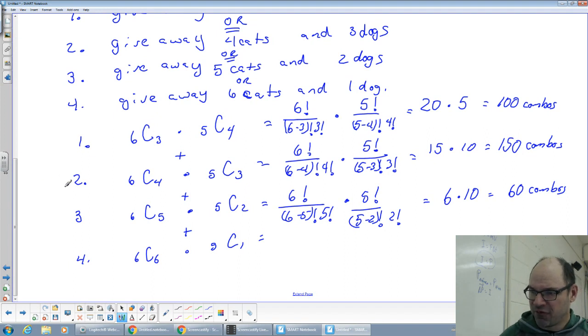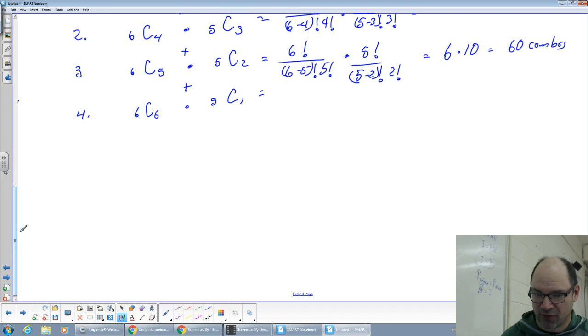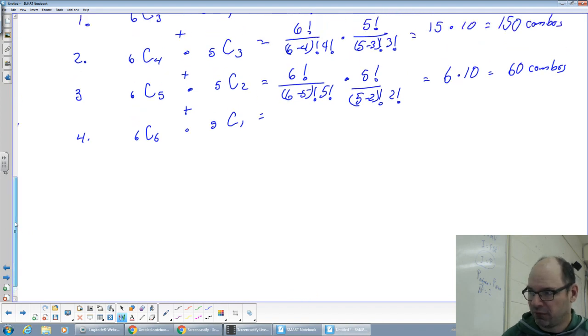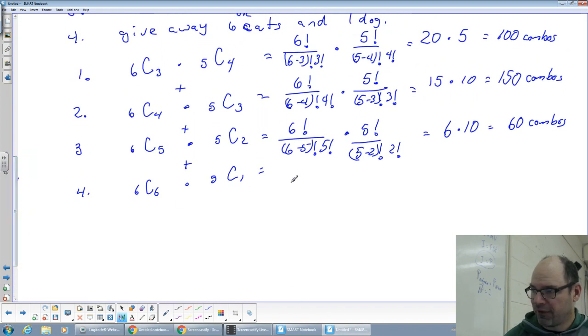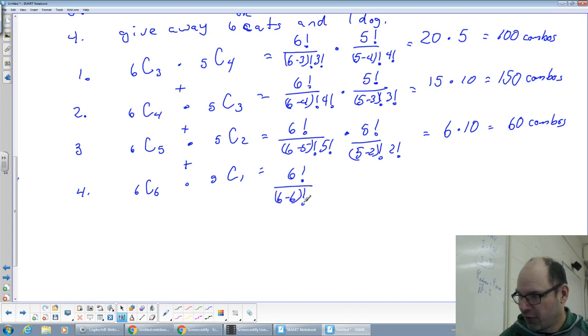Okay. The last one, let's move that up a little bit so we can see a little better. The last one is 6C6, so that should be 1. If you think about it, it's 6 minus 6 over 6, so that's going to be 1.